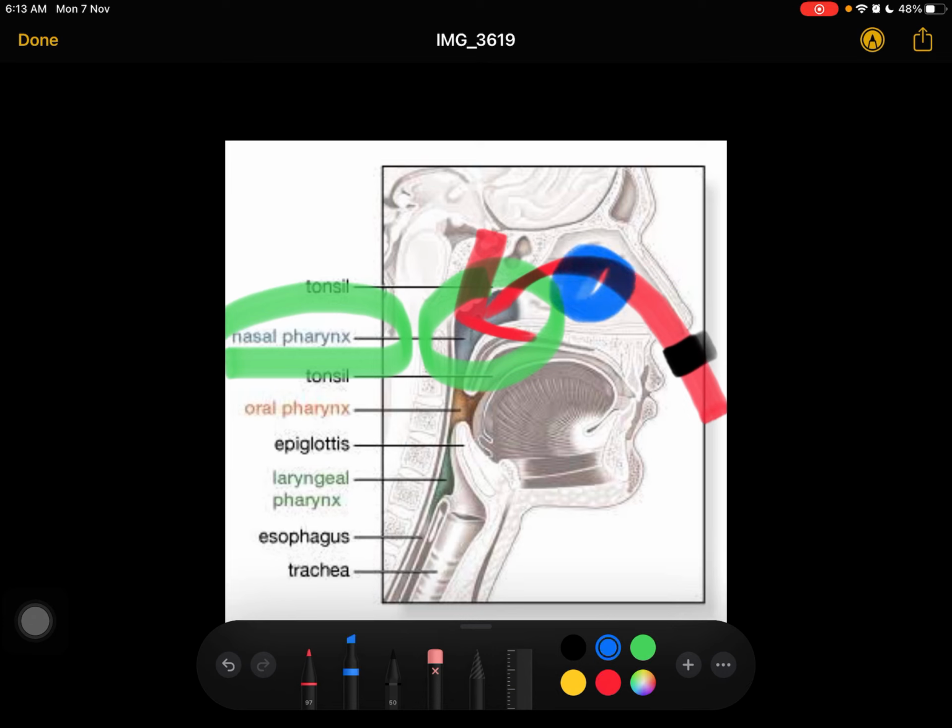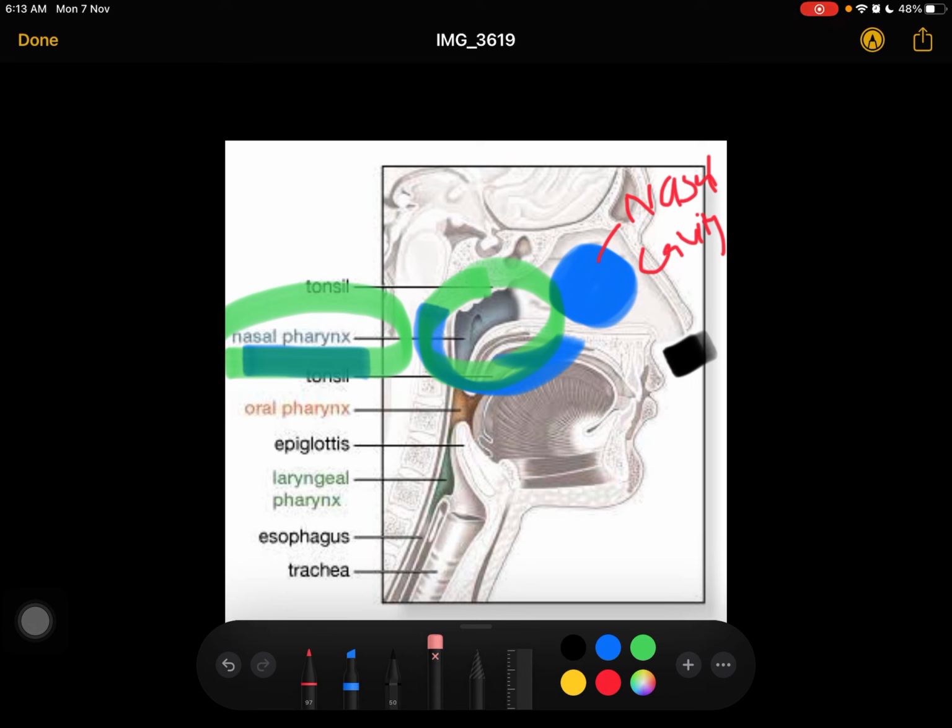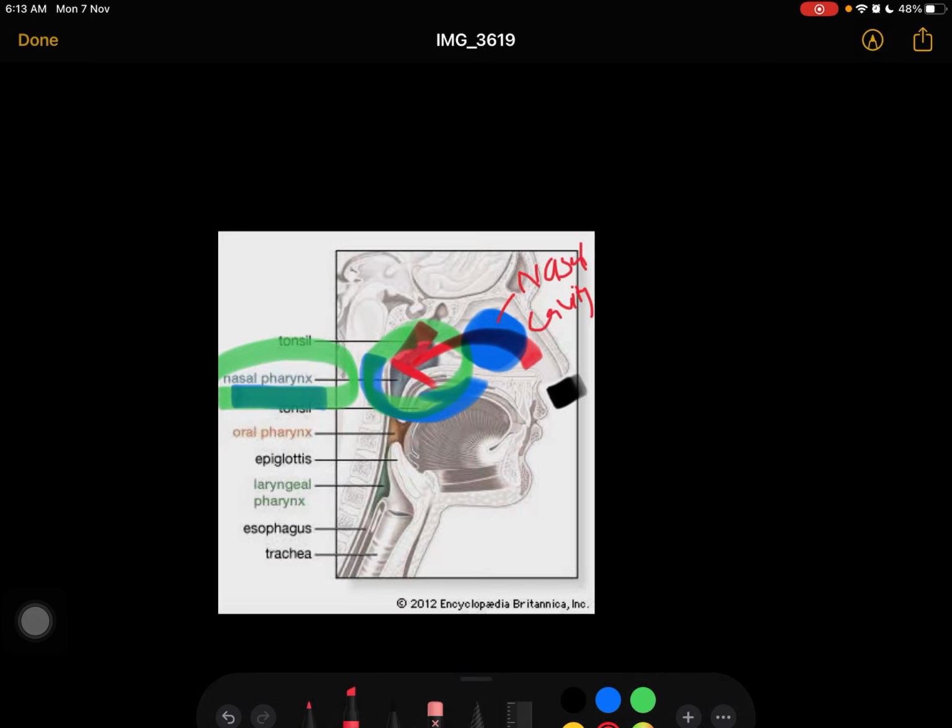This is your nasal chamber, your nasal cavity, and from here the air is coming inside. I hope this is clear to you now.